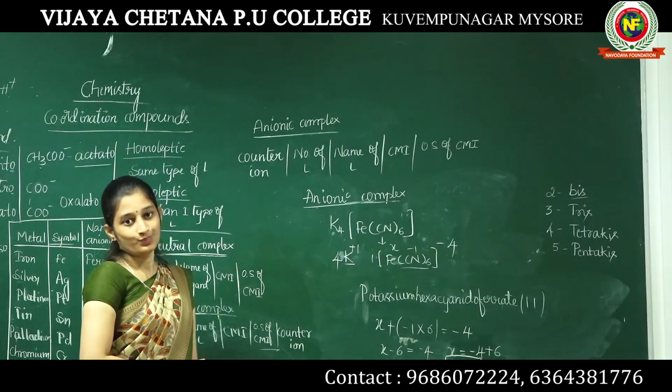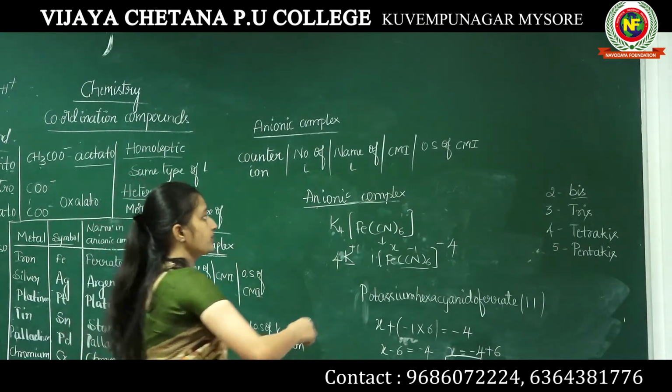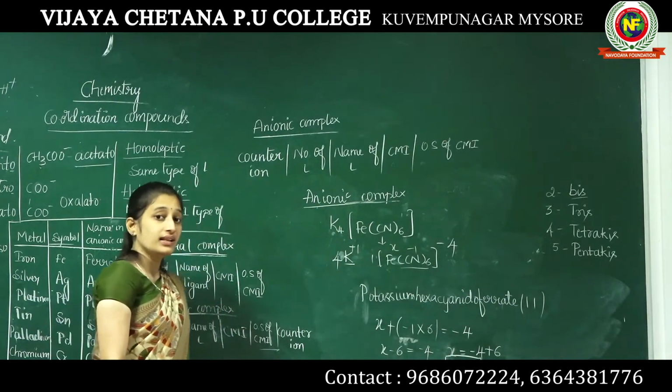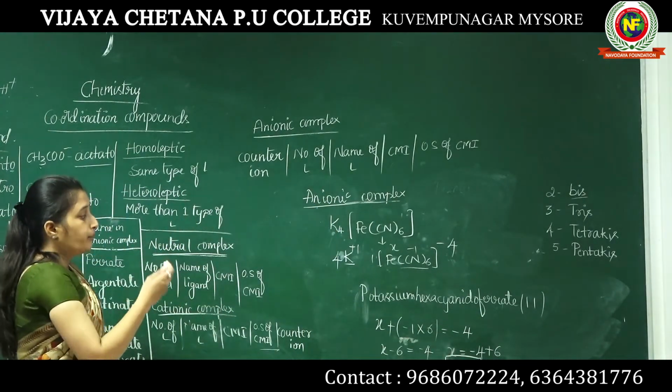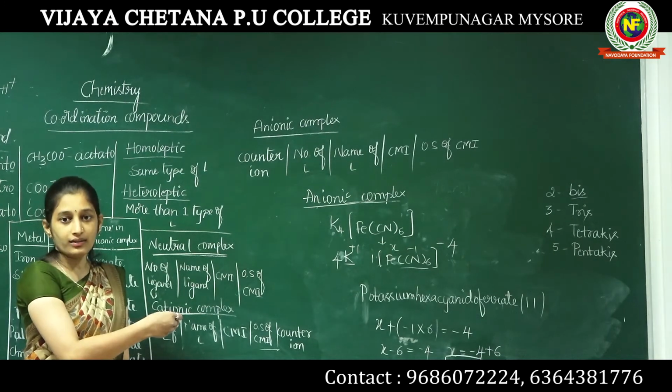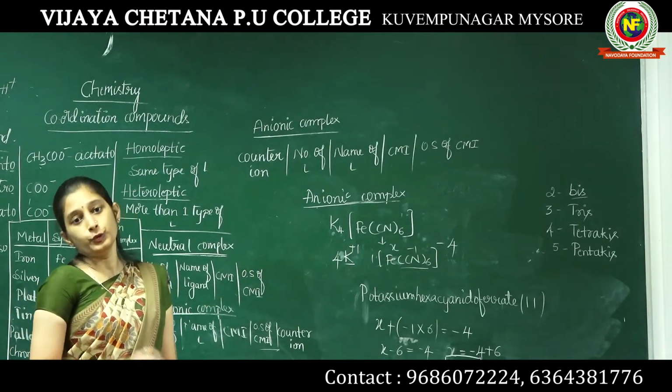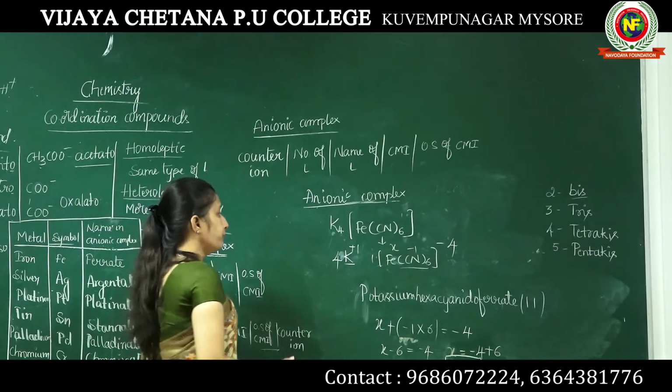Ferrate 2. That's it. The oxidation state is ferrate 2. So what is the name? Potassium is the counter ion, so potassium hexacyanido ferrate 2. This is the name for this.